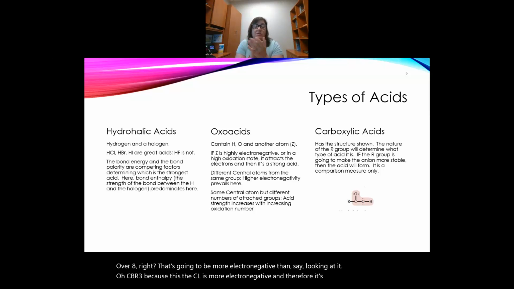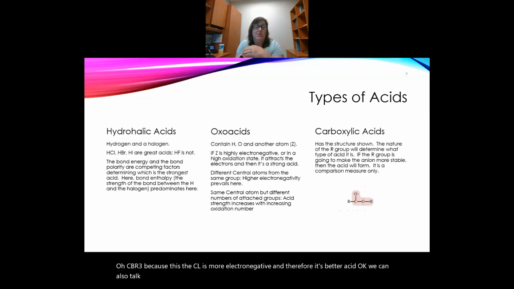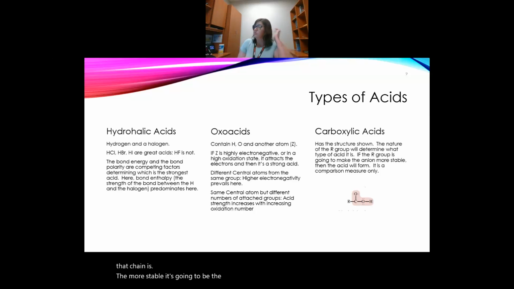Okay. We can also talk about the same central atoms, but different numbers of attached groups. The longer that chain is, the more stable it's going to be, the more ability it has to handle that charge. Okay. So those are our oxo acids.